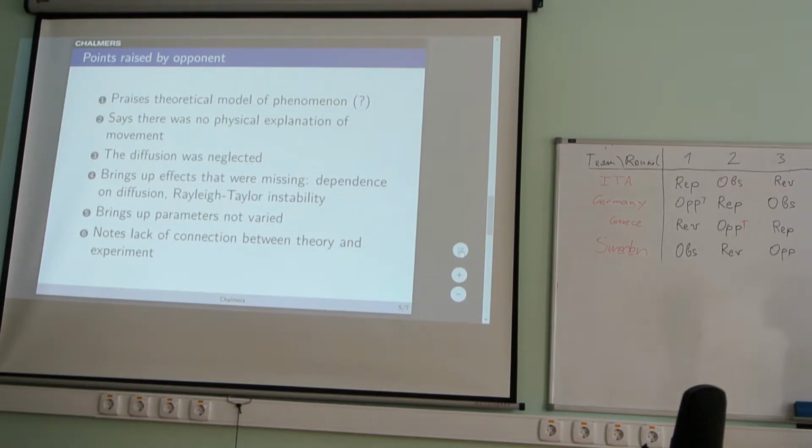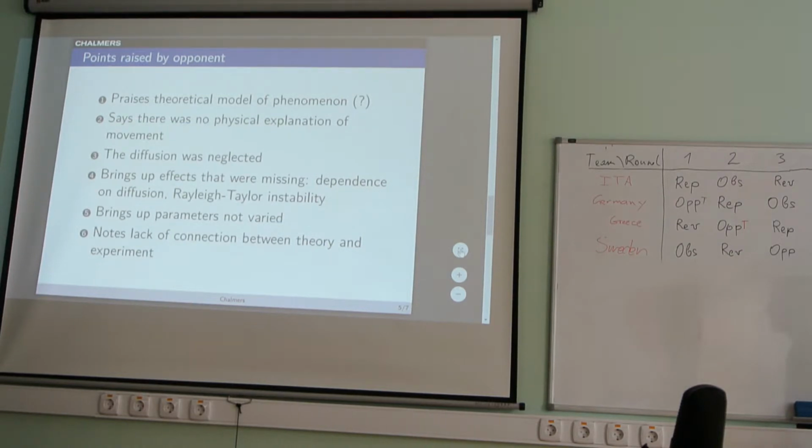Points raised by the opponents: they gave good praise for the theoretical model, although commented that there was no physical explanation for the movement nor the breakup process in and of itself. They further commented that the diffusion was neglected, which brings up some fundamental physical effects dependent on diffusion, really tailoring stability, and brings up the parameters that were not varied.